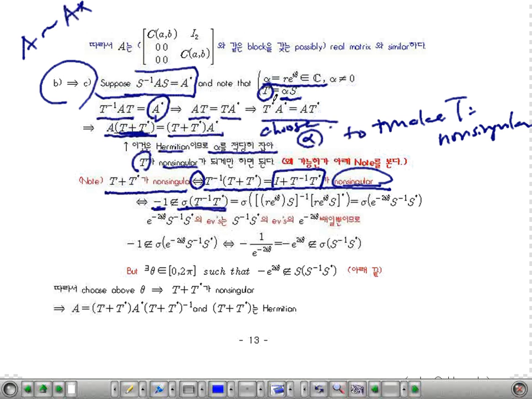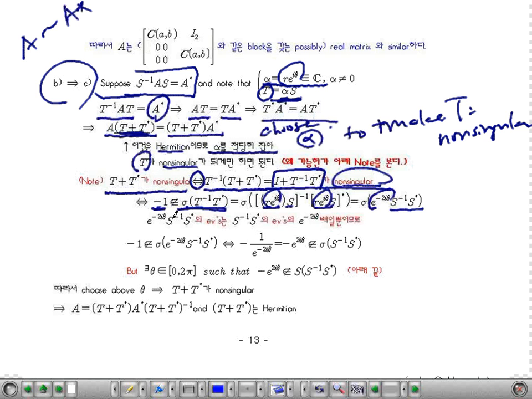Here T was defined as alpha times the matrix S. So alpha was R e to the i theta, and we can rewrite it in this way. As you see here, this is a scalar and this is a matrix, so this scalar and this scalar come out, like this.